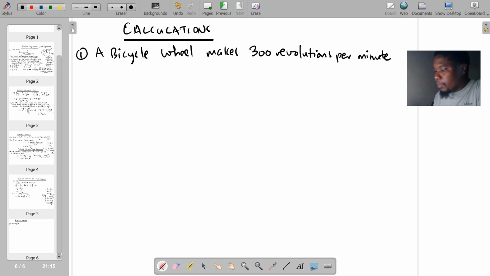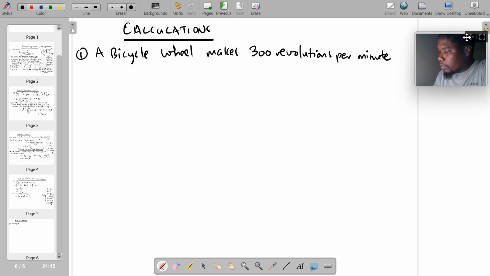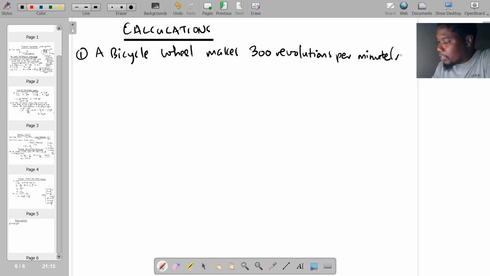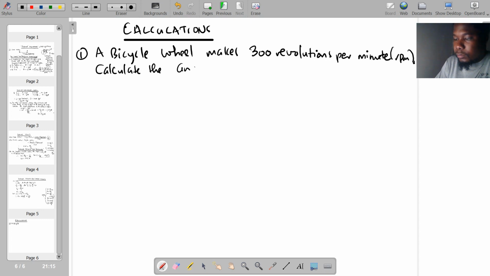In engineering, we love this one, it is RPM. Calculate the angular velocity of the wheel.